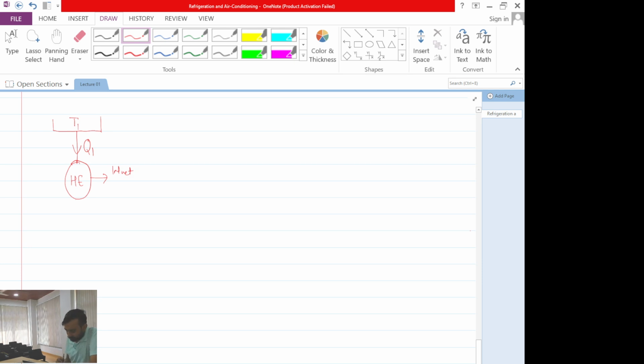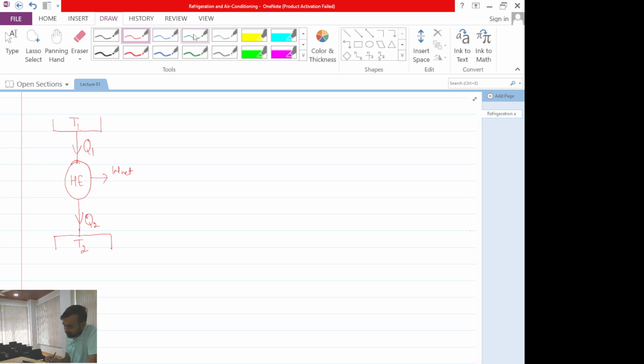And in this process, because we have to operate this heat engine in a cyclic manner, it also rejects Q2 amount of heat.